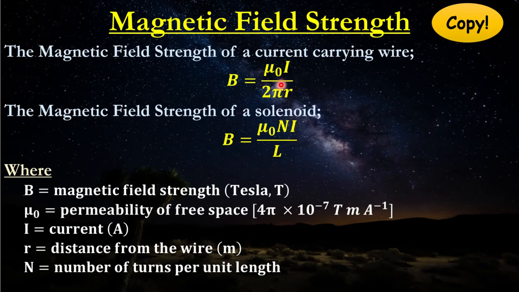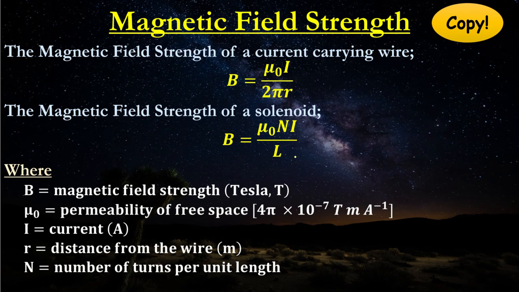Okay, so these are the two formulas we're dealing with. Remember not to confuse the formula for a straight current carrying wire and a solenoid. Your distance is going to be in meters. The length is also in meters. Might just write that down.